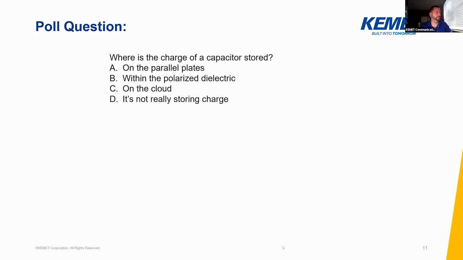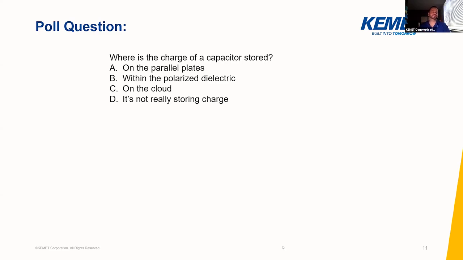All right, I will share the results. This one is a bit of a tricky question. We had 26% say that the charges are stored on the parallel plates, and then a large portion, almost 70%, saying that it's stored within the polarized dielectric.